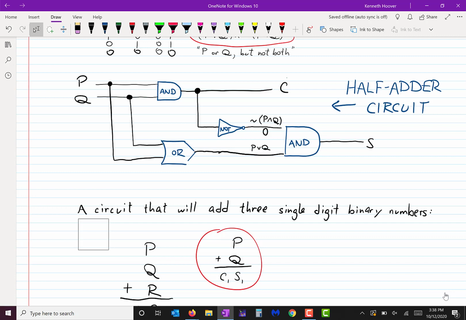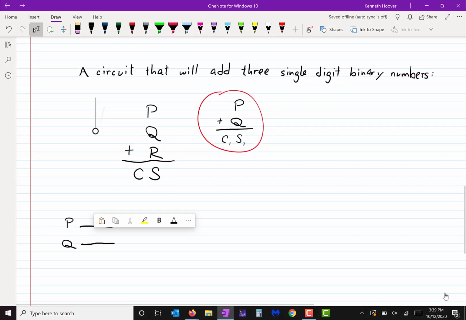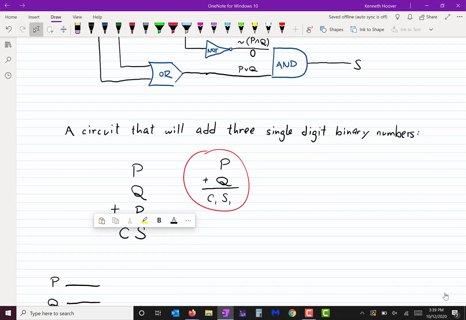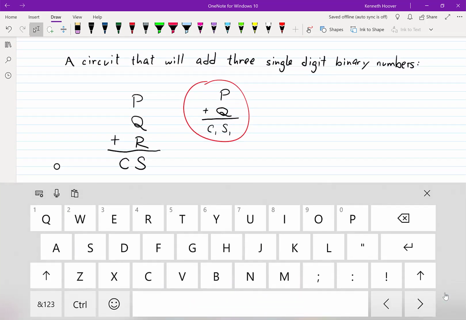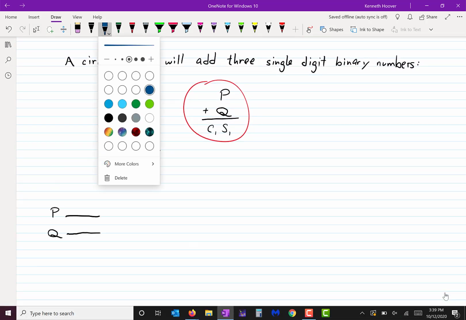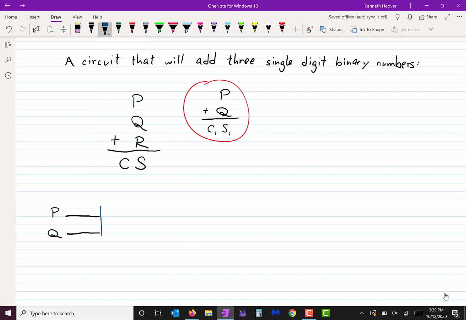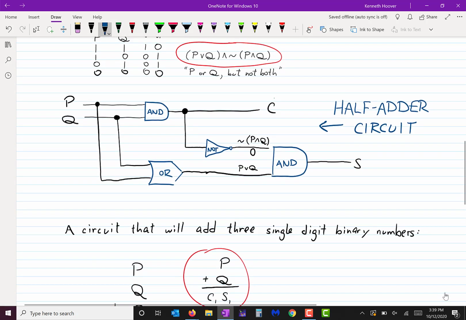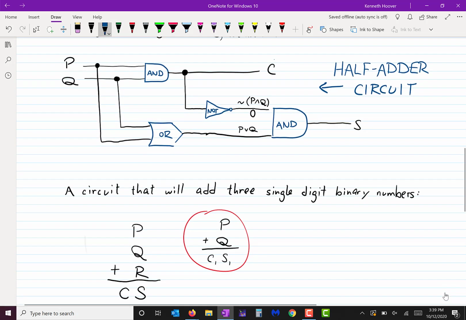I've called that circuit the half adder circuit. All I need to do is put a box here and identify that as a half adder circuit. Okay? So in other words, that circuit right there would occur right there.